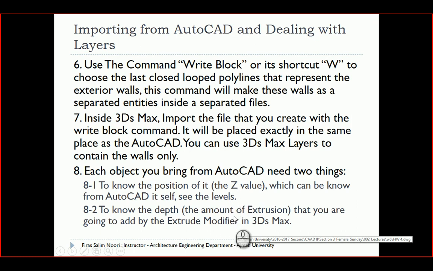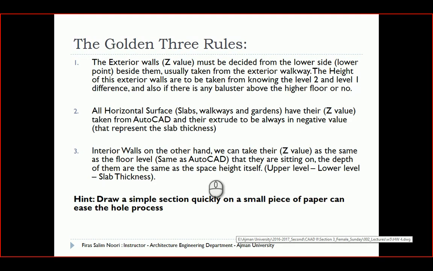I know you might Google and search YouTube and find lots of other ways of exporting, and they depend on sending the entire plan into 3D Studio Max. In this method, I'm going to send each geometry by itself. So those golden three rules are really important for you to understand, and I'm going to show them to you during the exercise.